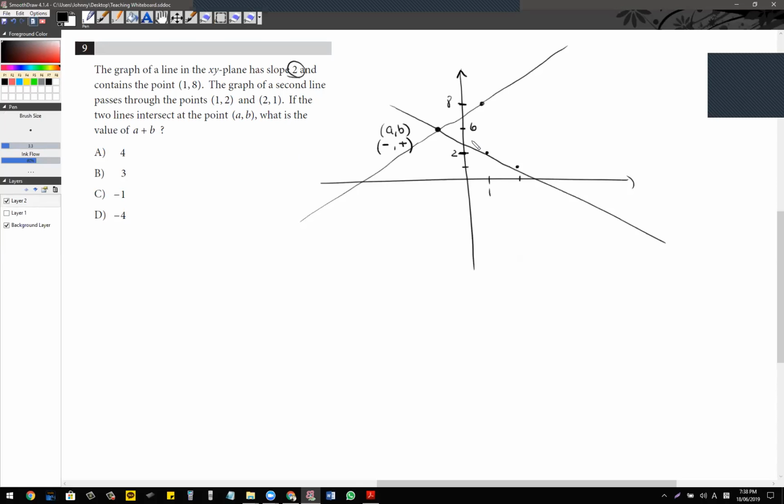I'm not really sure, but we can just guess. So 6 there. And this value is somewhere around negative something. So do you think the sum of these two is positive or negative? Positive, unless it goes really, really far. So can you take a guess? 3 or 4.